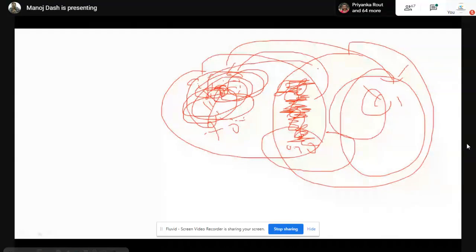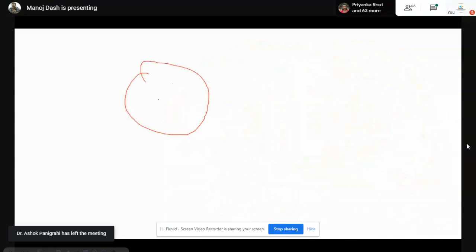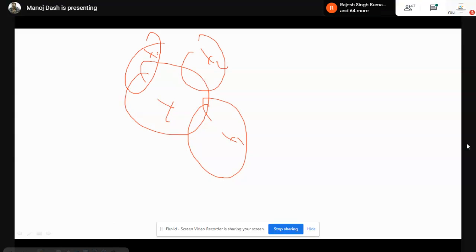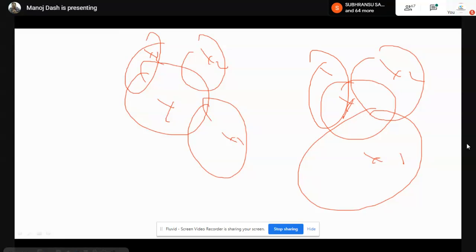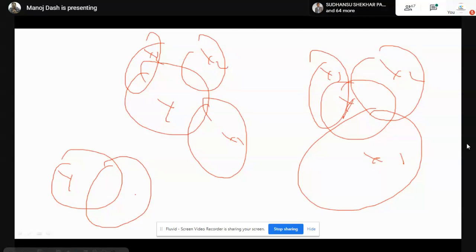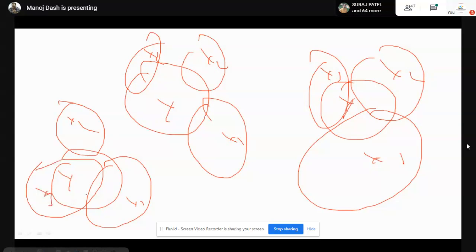Now I will give two examples. Suppose this is Y, this is X1, this is X2, this is X3, and another is this is Y, this is X1, X2, and X3. Now which is the good model?